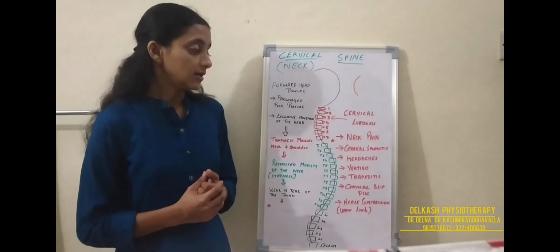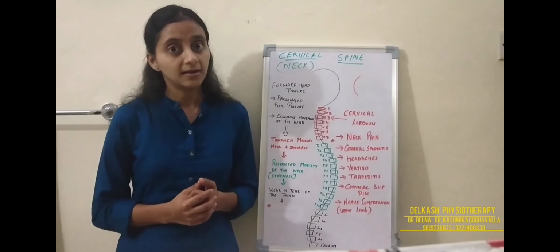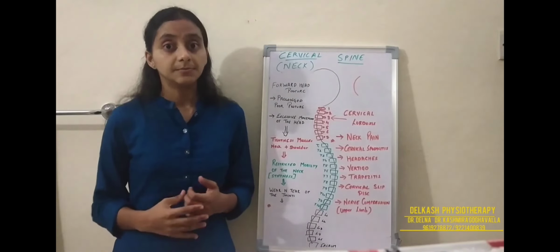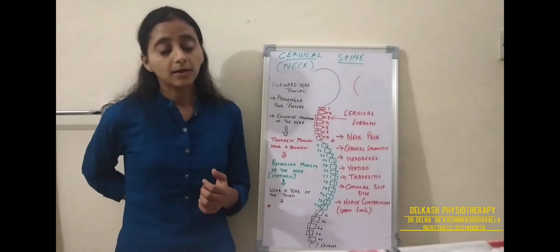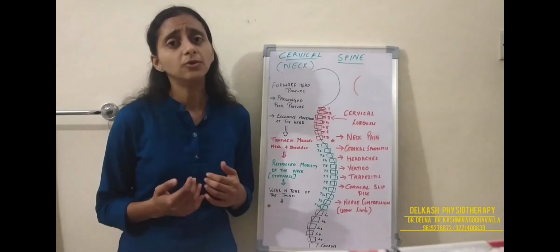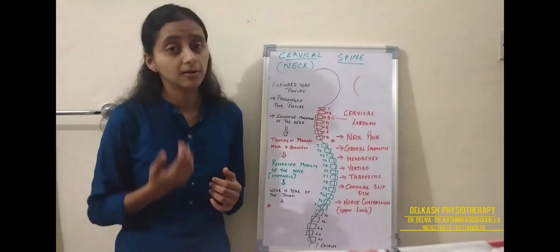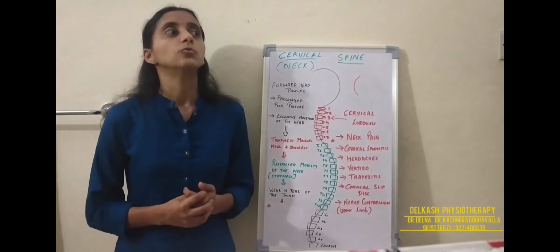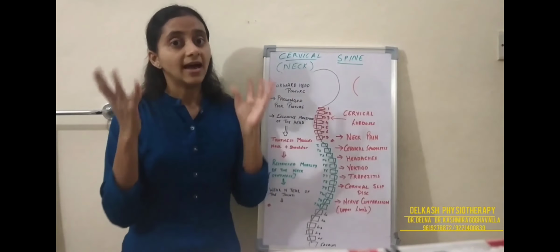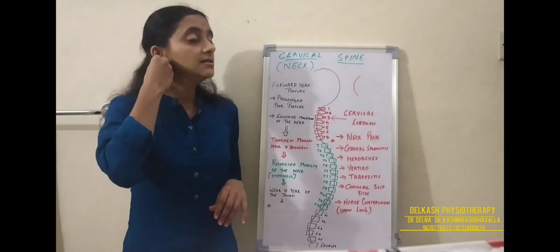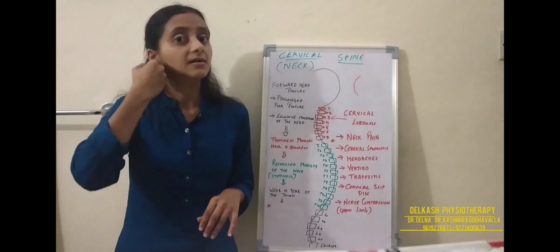Yet another common condition in the cervical region is cervical slip disc. Like lumbar slip disc in the lower back, similarly you can have a slip disc in the cervical region. Many patients complain of tingling sensation in the arms and hands. That is because the nerve is getting compressed in the neck.